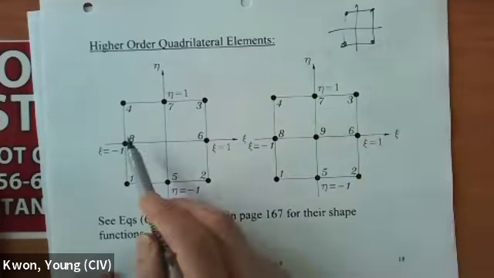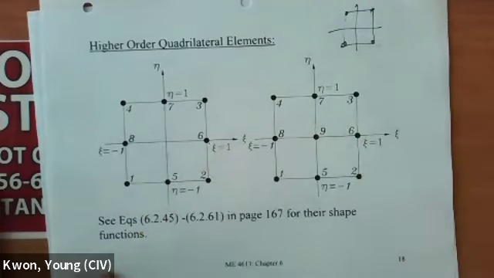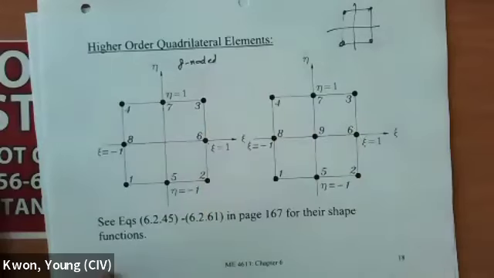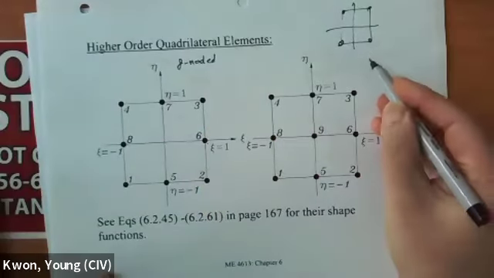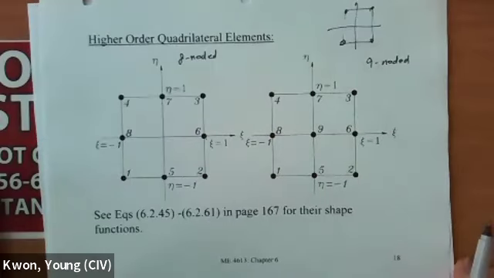So I put 4 extra nodes. So this is an 8-noded element. And this is a 9-noded element. Right?